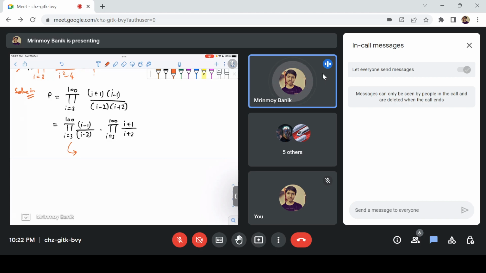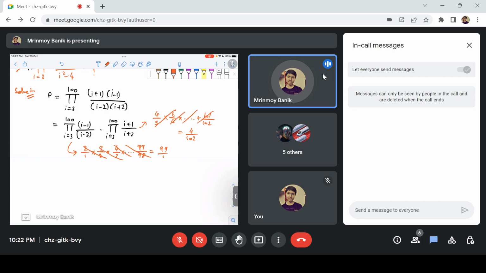So the first one expands as 2 by 1 times 3 by 2 times 4 by 3 up till 100 minus 1, 99 by 98. This one cancels like this. And this one is 4 by 5 times 5 by 6 up till 101 by 102. So this one cancels like this. You get 4 by 102.